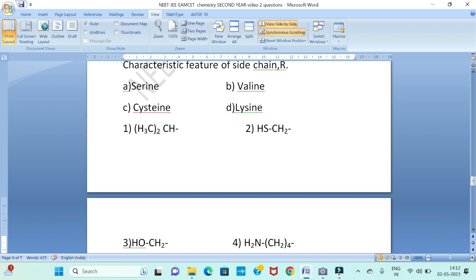Next, cysteine is done. Next, lysine. Lysine means it is easy. Lice is a type of insect that stays on our hair. Lice are mostly in children and in ladies, whose hair is more.